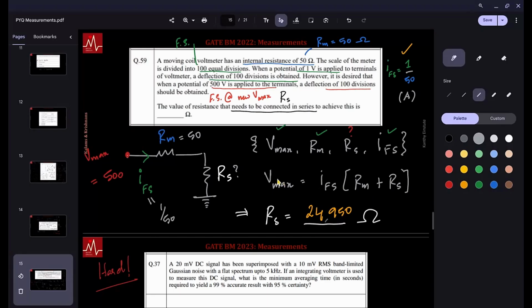This is a way to measure voltage. Notice this RS is added in series because you are trying to limit IFS. Sometimes it's confusing whether RS is added in series or parallel. For a voltmeter, you are trying to limit IFS, so you increase the net resistance, so RS is added in series.